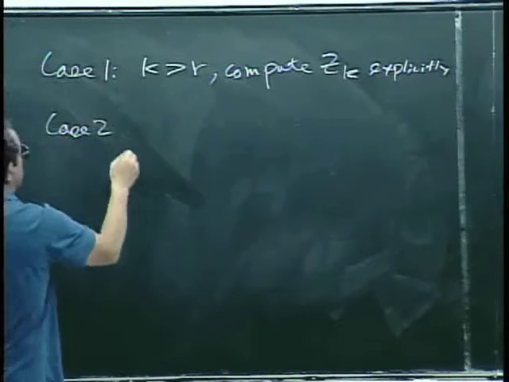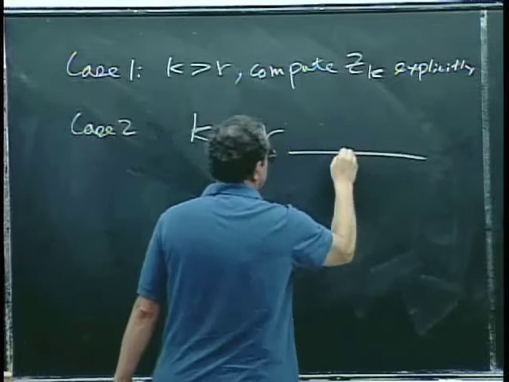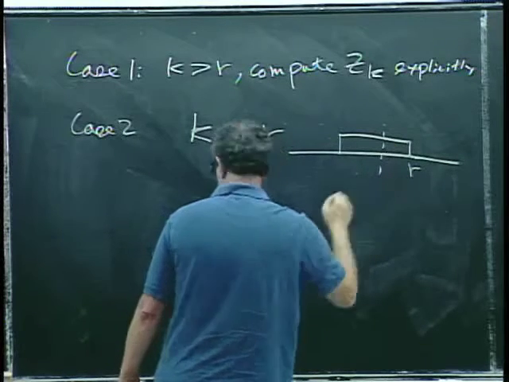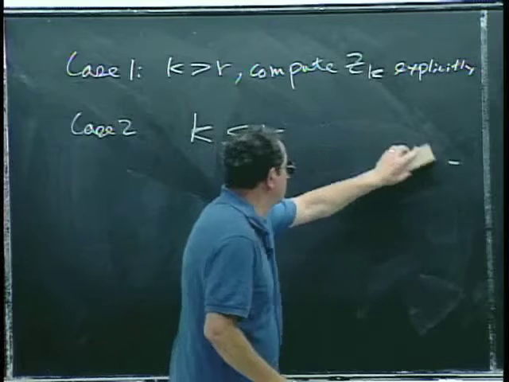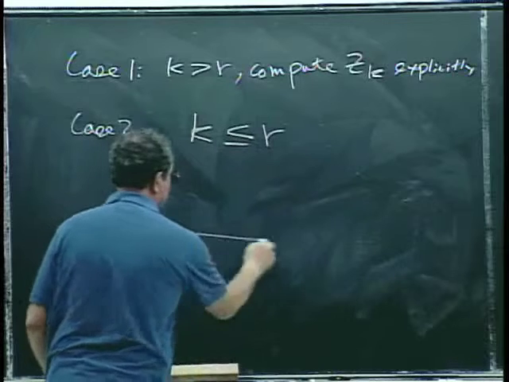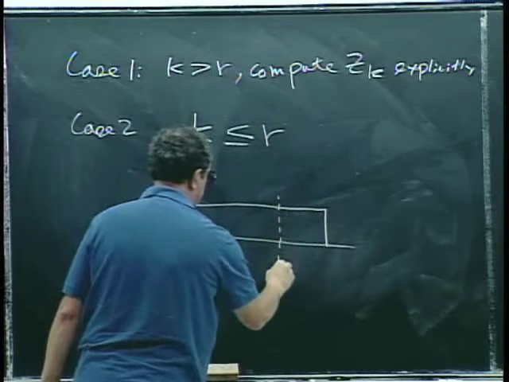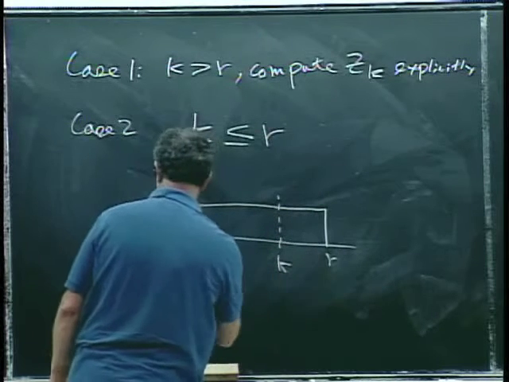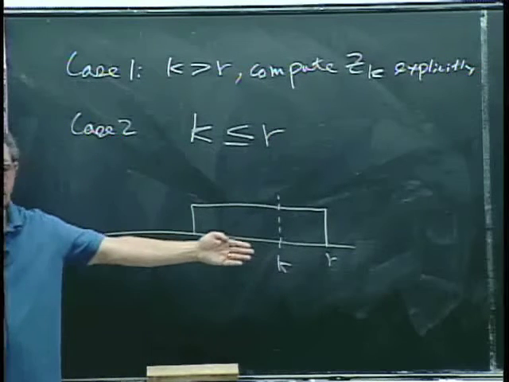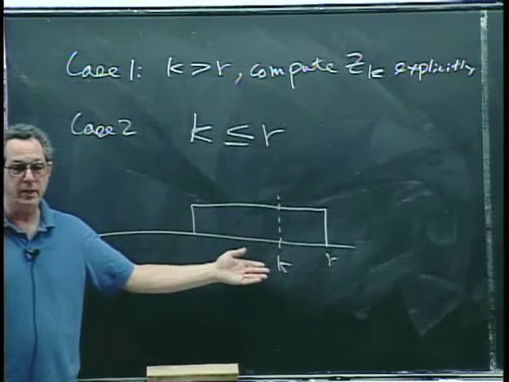So case 2 is when K is less than or equal to R. So here we're in this sort of picture. R is here, and we'll make this bigger because it gets a little bit messy. This is K, this is R. So this is the case when K is less than or equal to R, and that means that K is inside of a Z box. Why do we know it's inside of a Z box?